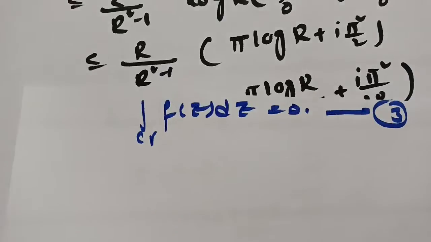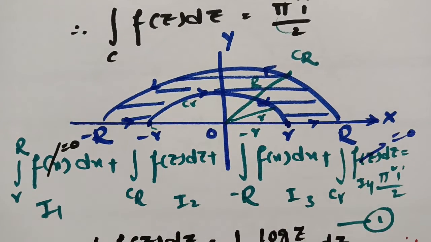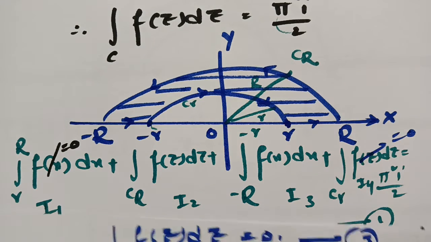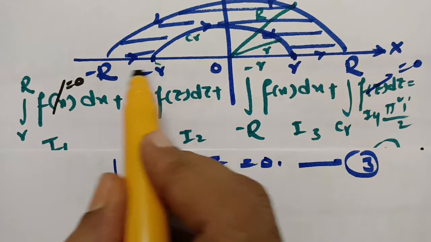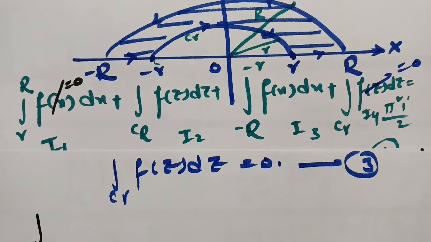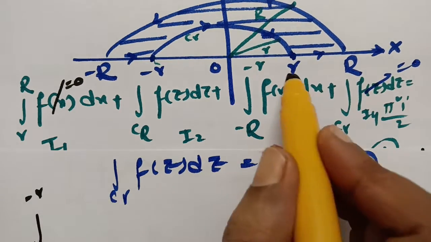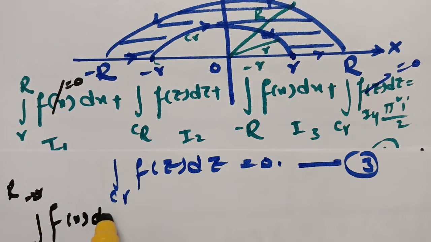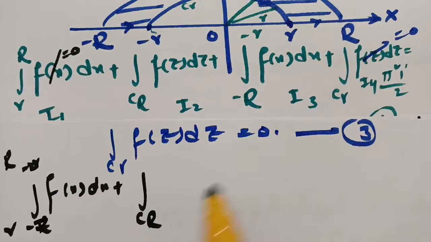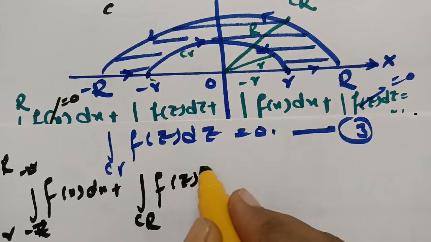So substituting these equations, here this is also 0. After substituting, what happens here? The first integral is from minus capital R to minus small r, that is the integral from small r to capital R of f(x) dx, plus the integral over capital C_R, the semicircle, of f(z) dz.